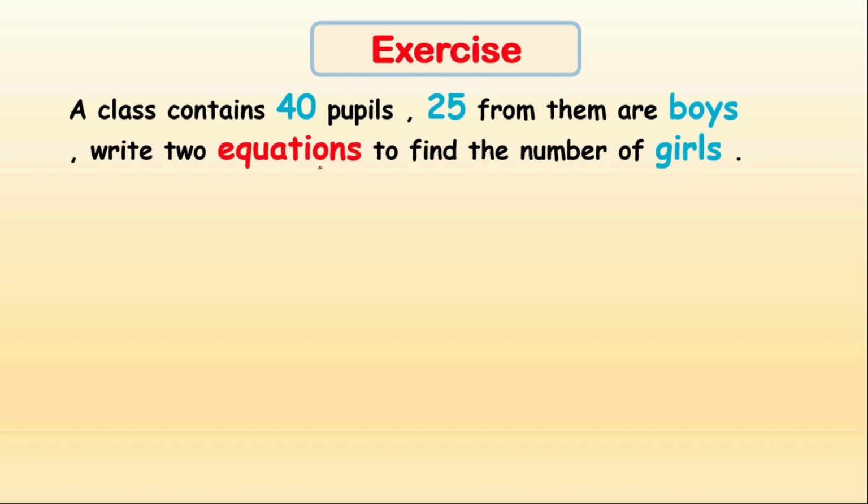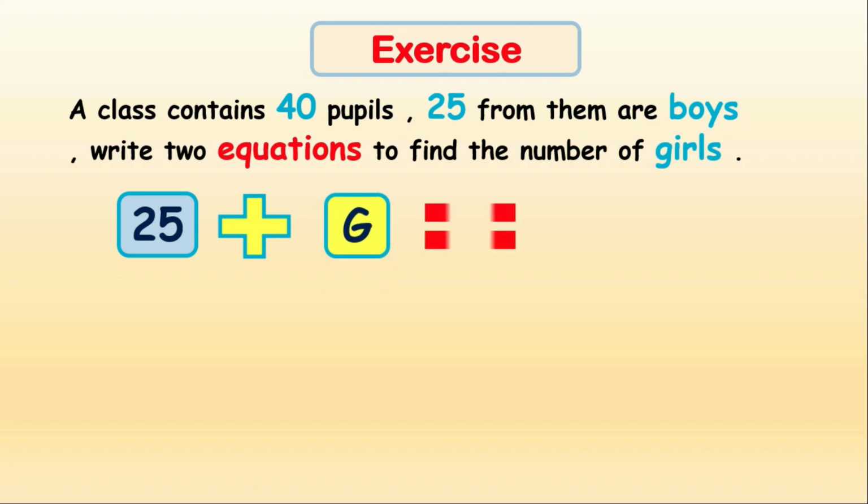Okay, remember, how do you write an equation? We have two numbers and we want to find another number. The first equation: write the number of boys, 25. If we add the number of girls, we get the total number of pupils, 40.